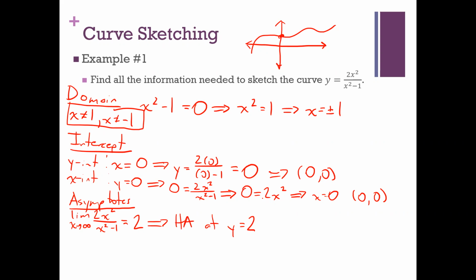While we're doing this, we might as well look for vertical ones. Basically, it's going to come from the domain. So from the domain, you're going to have vertical asymptotes at x equals -1 and 1.